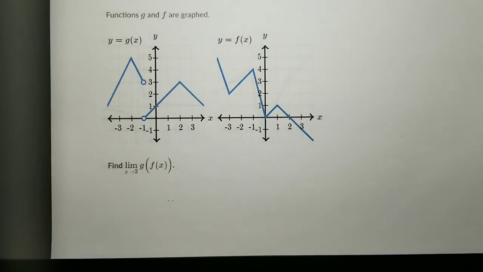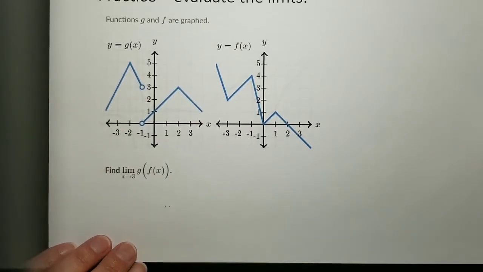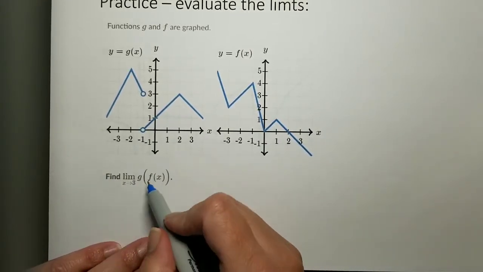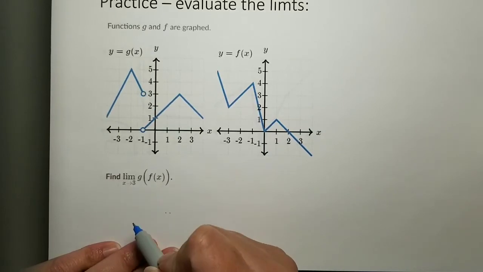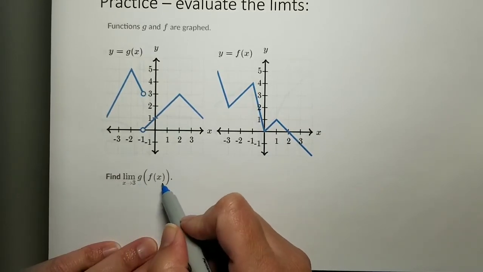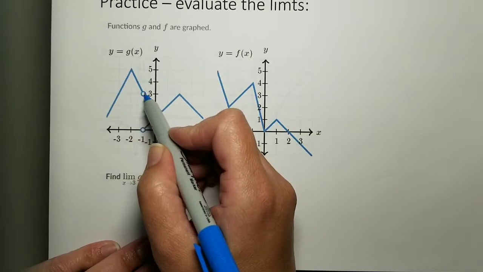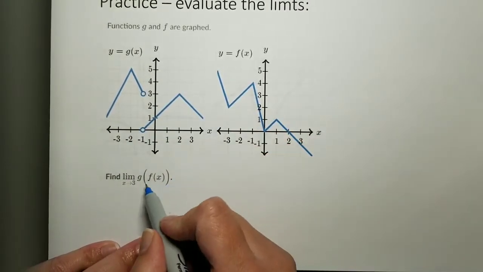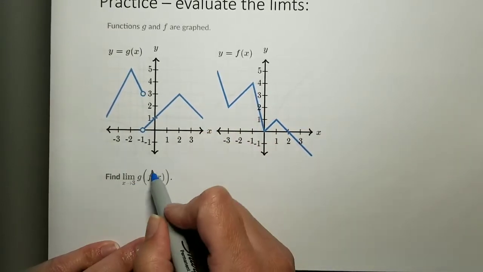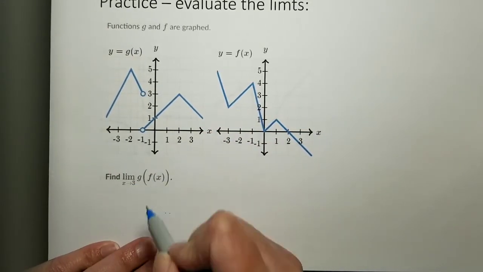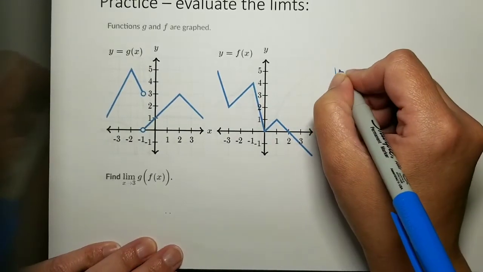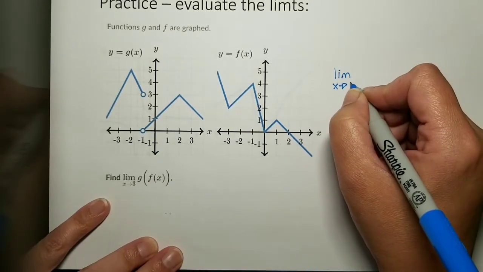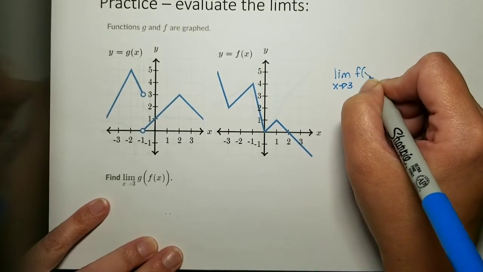They do get a little bit tricky, especially sometimes when the sided limits don't exist. So here we have the limit as x approaches 3 of g at f at x. Okay, so we see a discontinuity here at -1. That's okay. But we're not really interested in x approaching 3 on the g function, just my inside function. You have to start by evaluating the inner function. So what's the limit as x approaches 3 of f at x?